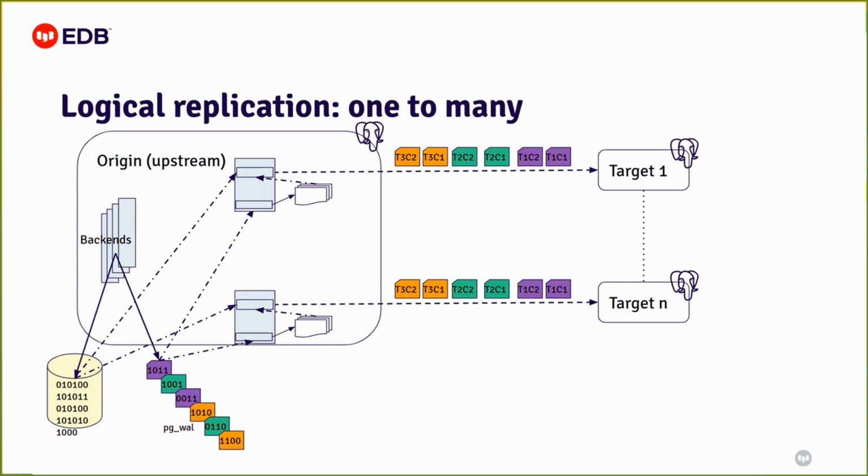So almost every WAL sender is doing the same computation of converting WAL to LCR. Thus, the work of logical decoding is duplicated across all the WAL senders. And since this is a CPU, memory and IO intensive operation, when there are many WAL senders, the system is unnecessarily loaded.